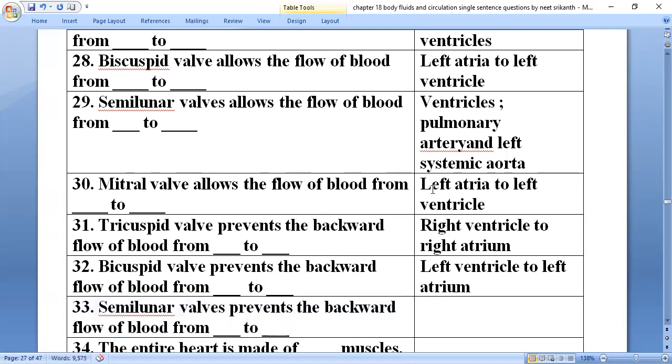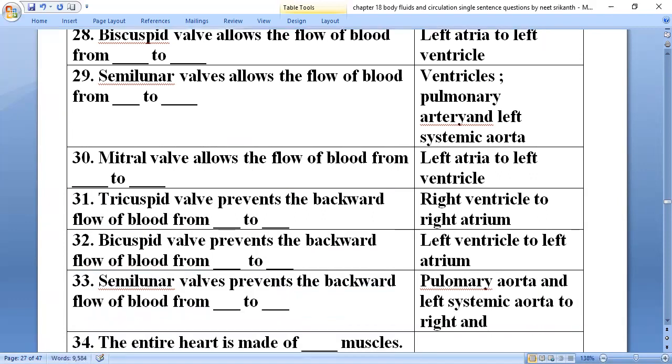Semilunar valves prevent the backward flow of blood from the pulmonary artery and left systemic aorta to the right and left ventricles.